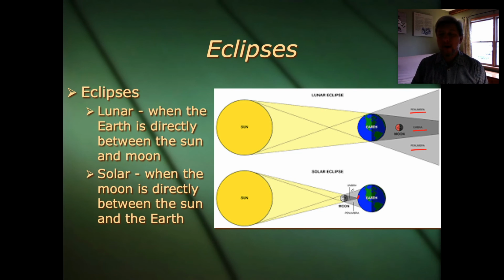And again, if you're directly in that shadow, you're in what we call the umbra. And if you're not directly in it, but you can still see the shadowing, you're in the penumbra. PENUMBRA. All right, and so that's a solar eclipse when the moon is directly between the sun and the Earth.